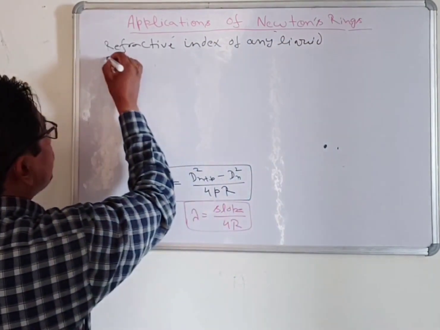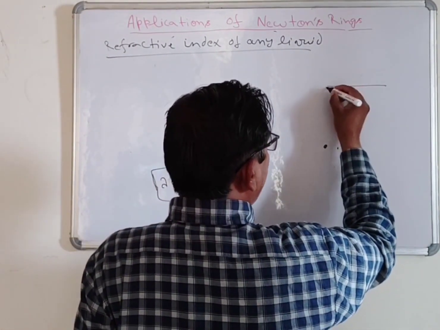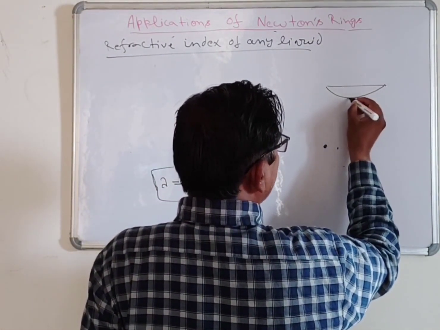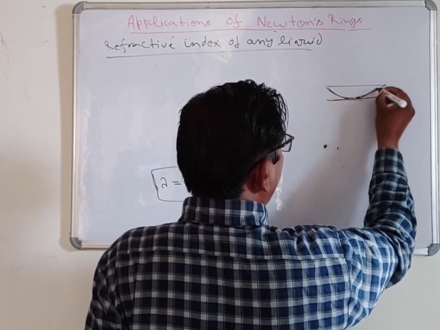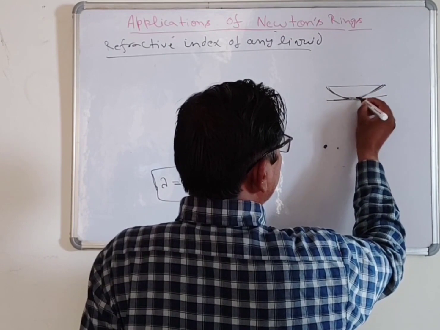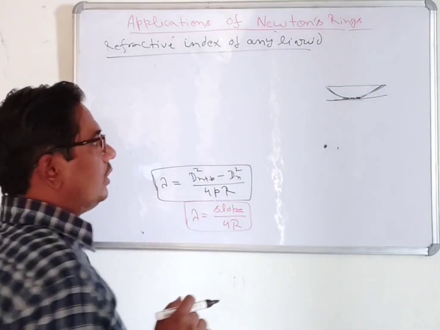You know very well, here you will arrange it like that. You will put a liquid between the upper and lower surface like that. The liquid will form a film of thickness t.